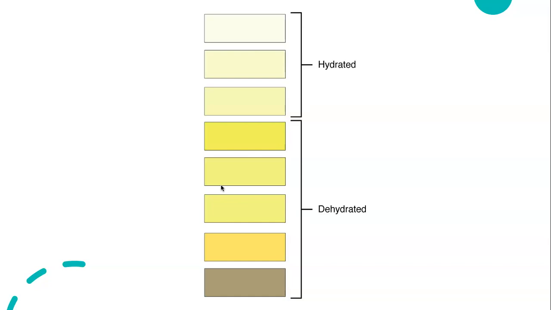Also, if it has a red tint to it, that means there's some blood in the urine. That could point to a number of problems. Also, if you have a dark, almost cola color, that can point to types of cancers and things like that. So the color of your urine can point to a number of health factors as well.